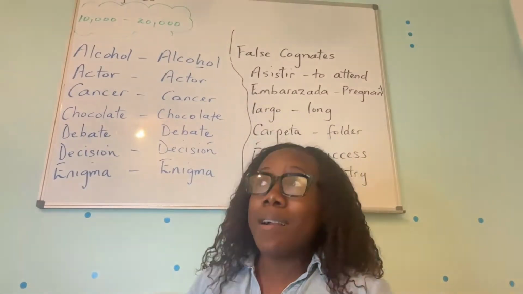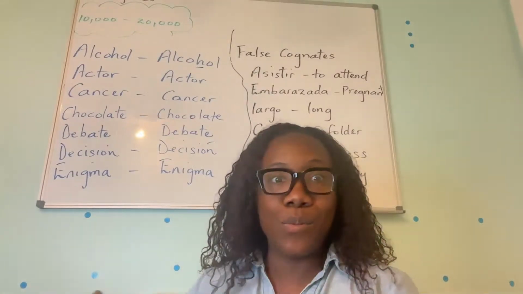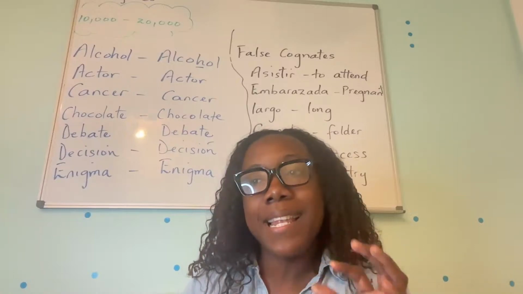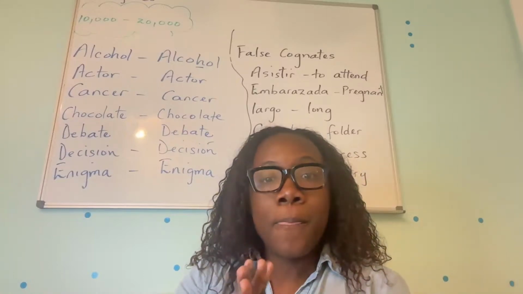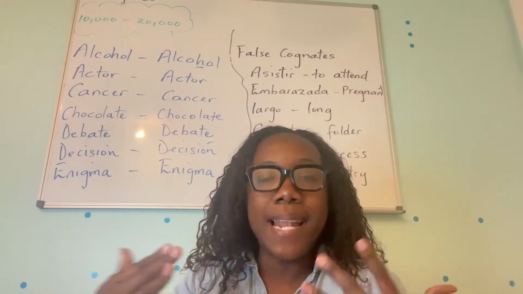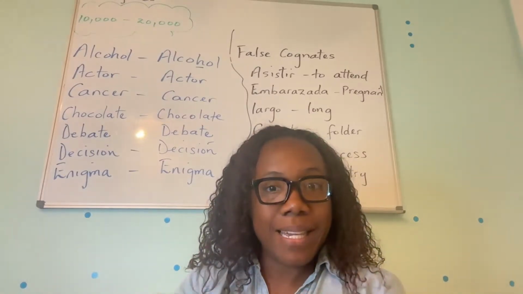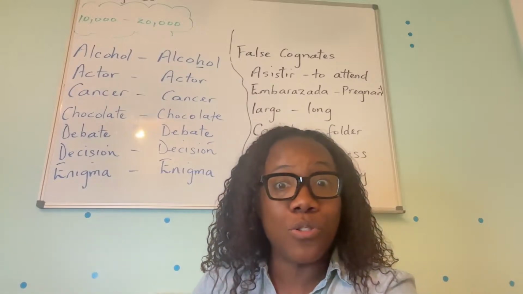So if you want to learn 10,000 to 20,000 words in Spanish, this is where you need to begin. You need to go to Google and find a list of all the cognates that exist between the two languages and then commit those to memory. Now, this part of Spanish is easy because obviously there are a lot of similarities between the two languages.